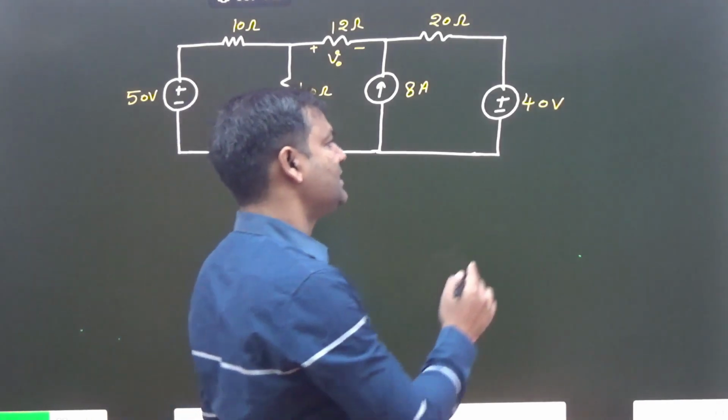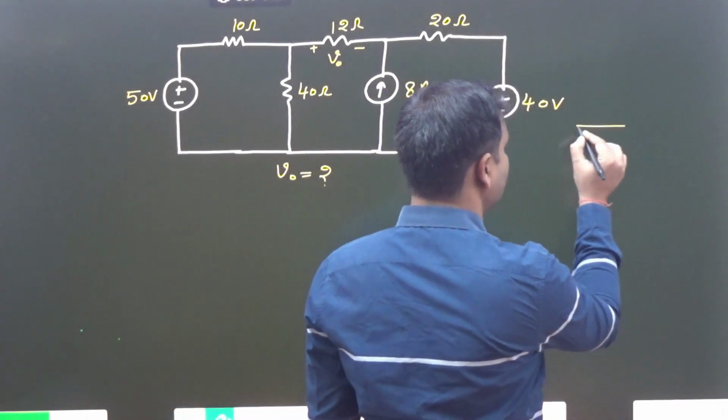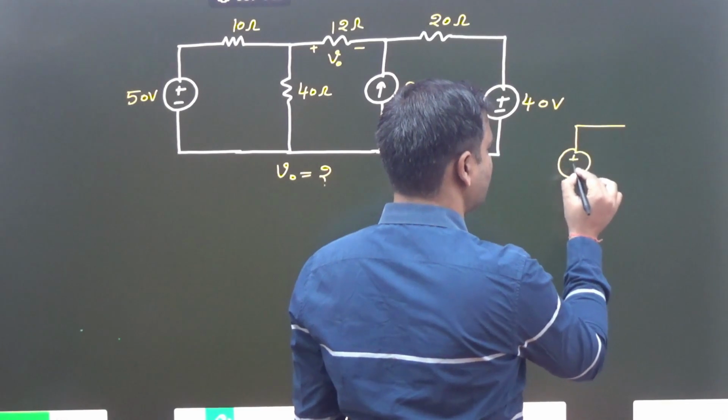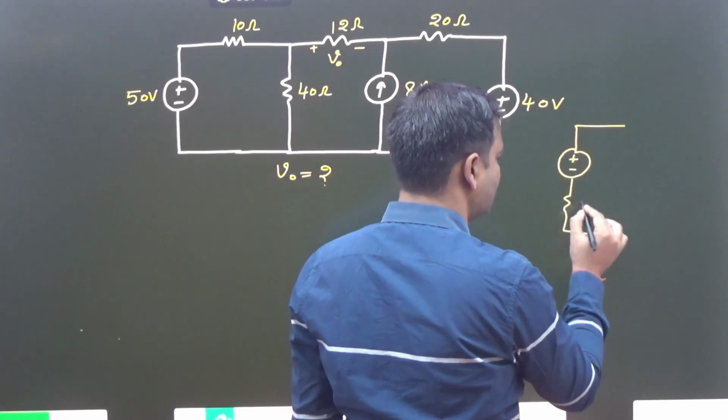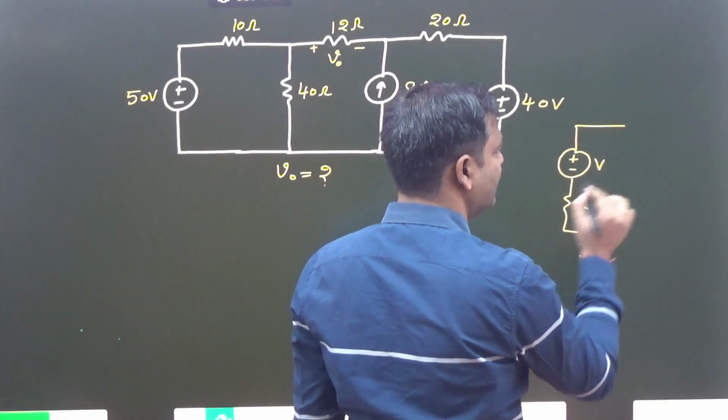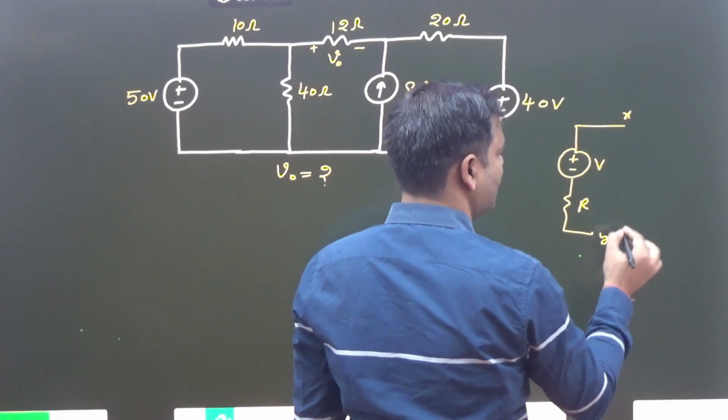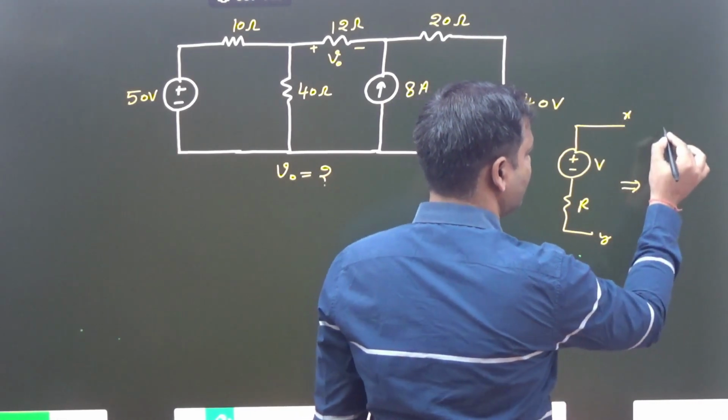Source transformation says if a voltage source, plus-minus, and a resistance are given in series, this is the X terminal and that is the Y terminal, then that is converted to a current source.